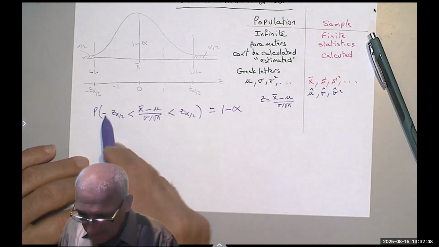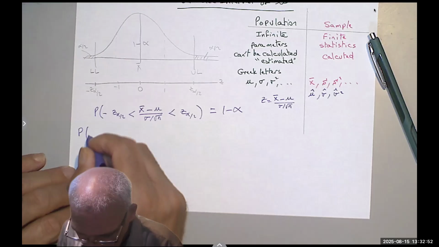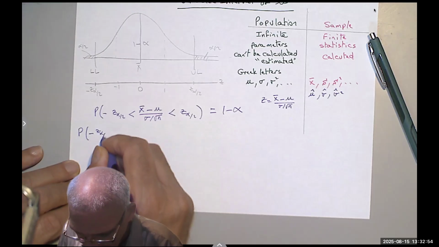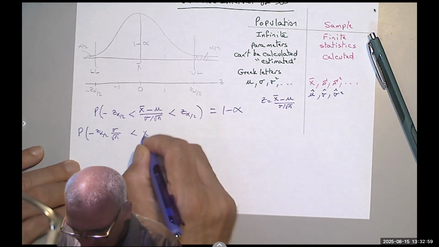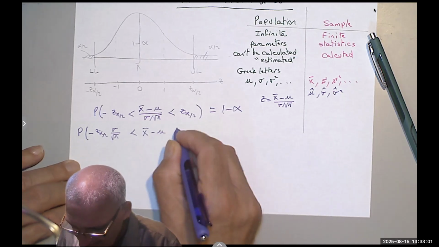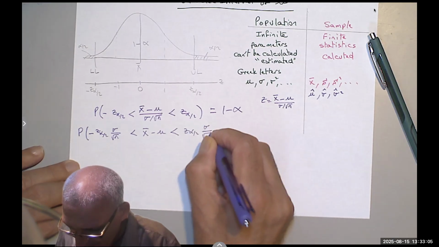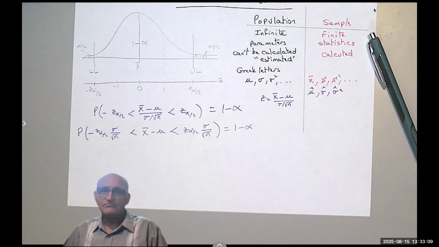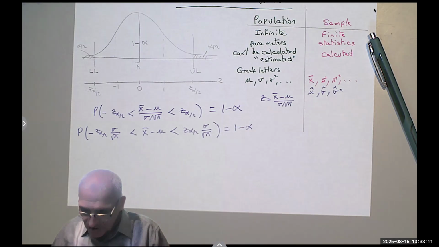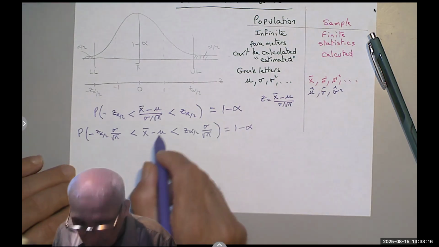Okay, so I'm going to multiply the three sides by sigma over root n. The probability that -z alpha over 2 sigma over square root of n is less than x bar minus mu is less than z alpha over 2 sigma over root n equals 1 minus alpha. Okay, but that's not good enough. I want mu.